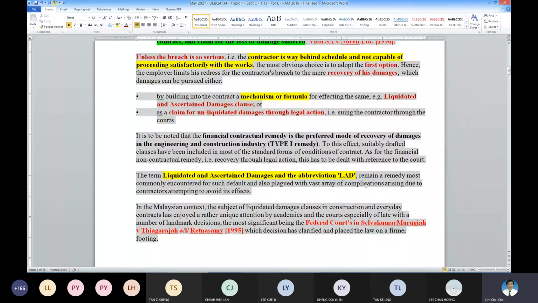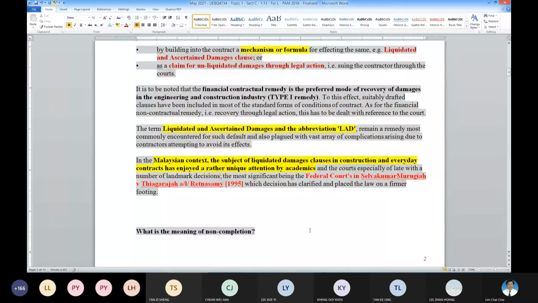So in the Malaysian context, it's very interesting because ours is slightly different from other countries. Because LD is the damages that is already pre-computed, pre-calculated, a pre-known figure. If there is a default, that is the LD.